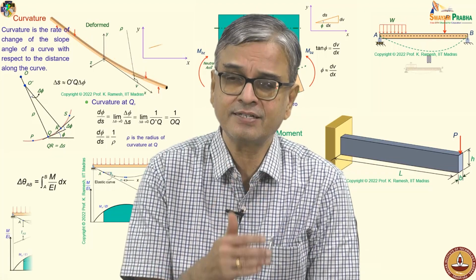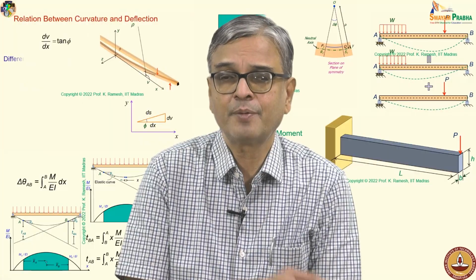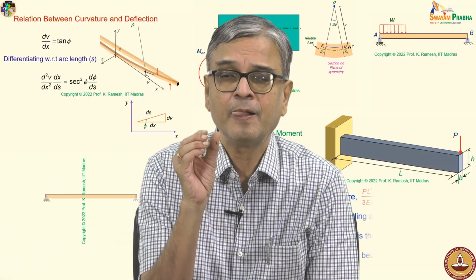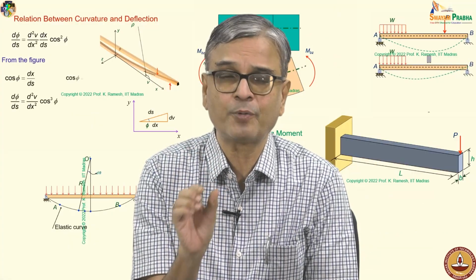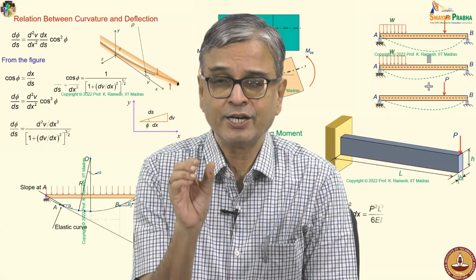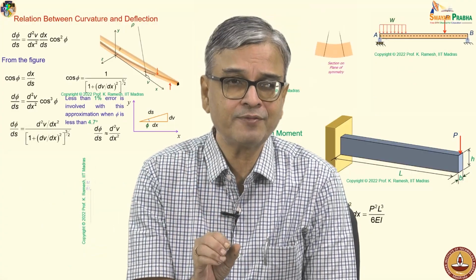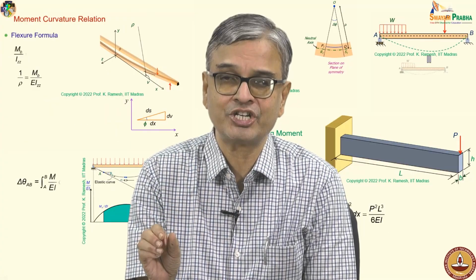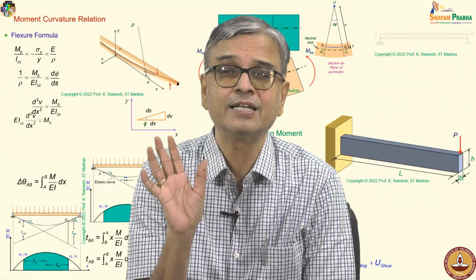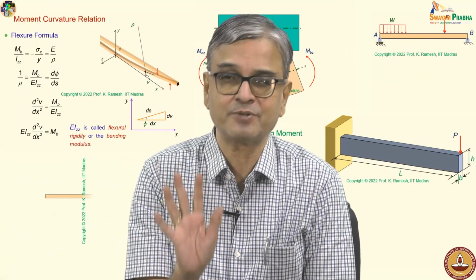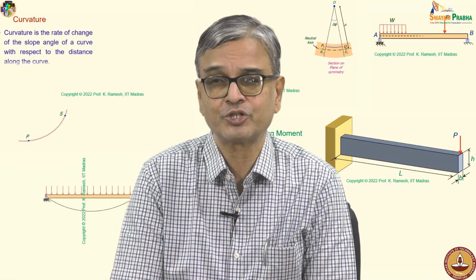Then we discussed threadbare the moment area method, and in the moment area method you find out the area of the bending moment M divided by EI diagram between the points of interest, find out the area, find out the deviation in the slope, find out the first moment of the area, you get the tangential deviation. It is not deflection. You have to find out deflection appropriately using the geometry of the problem and other mathematical principles. Then we have also looked at how to do the method of superposition. Thank you.